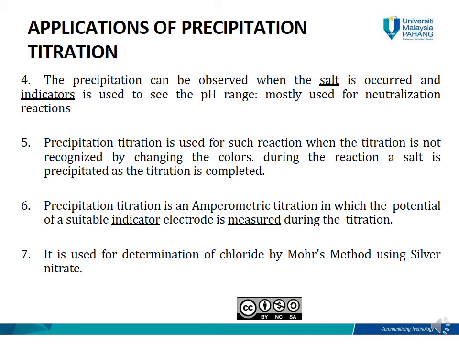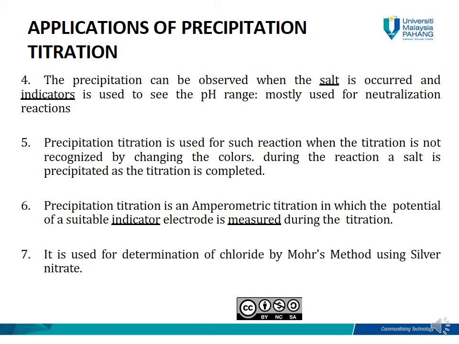The fourth, precipitation can be observed when the salt occurs and an indicator is used to see the pH range, mostly used for neutralization reactions. So when we want to monitor the changes of pH value, we can use this for any kind of neutralization. Basically, a neutralization reaction is an acid-base titration.